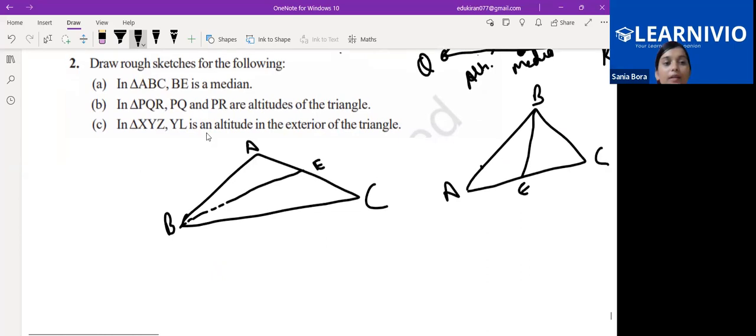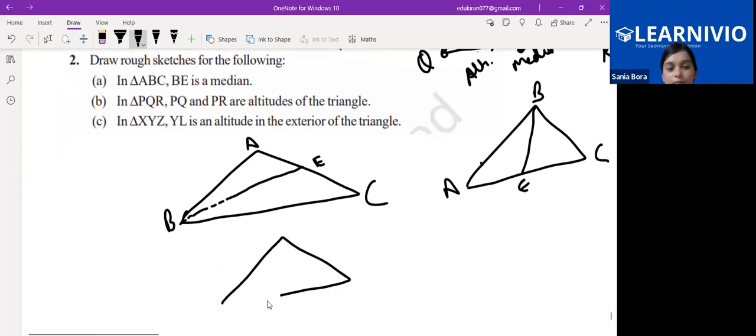Okay. Now triangle PQR. This is a triangle. You will name it PQR. Over here there are two altitudes, so automatically it will be a right angle triangle.